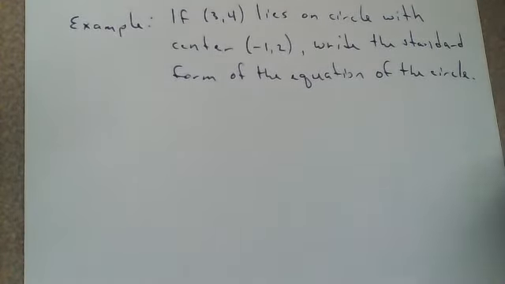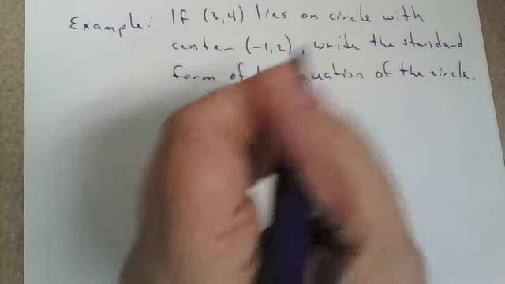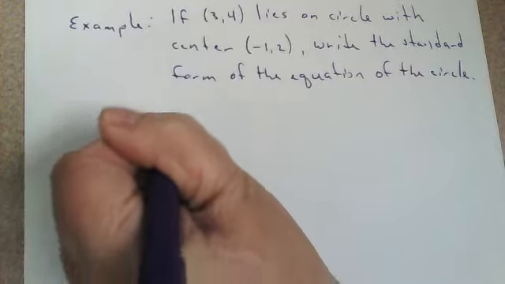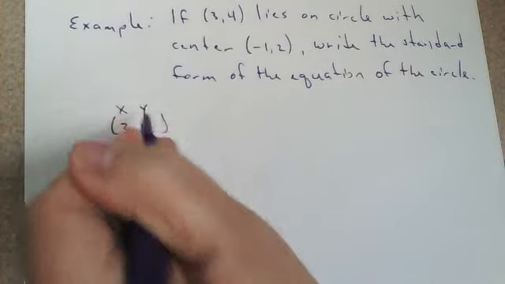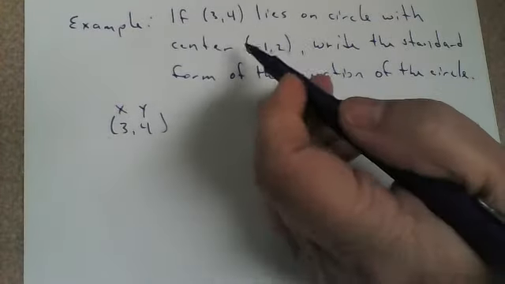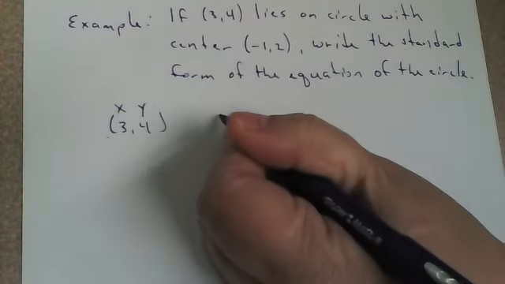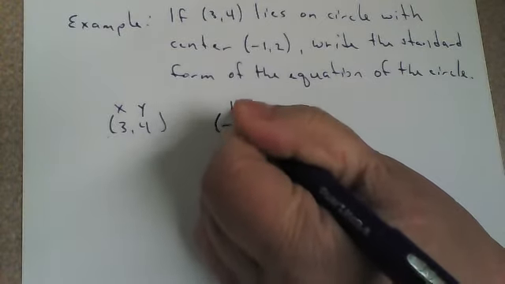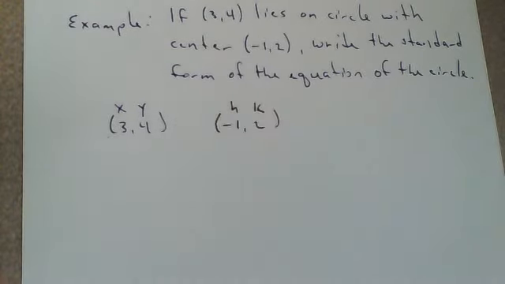So when we think about this, what do we have? We've got 3, 4, which lies on the circle, so 3, 4 would be our x, y. Then we have the center at negative 1 and 2, so that would be our h, k.